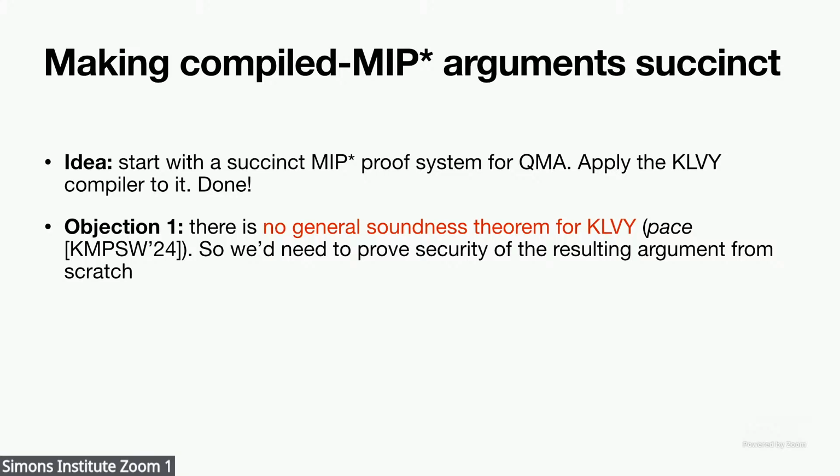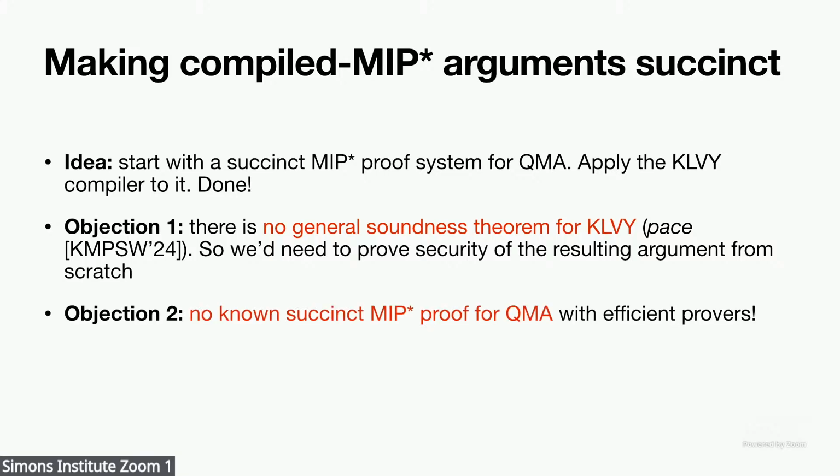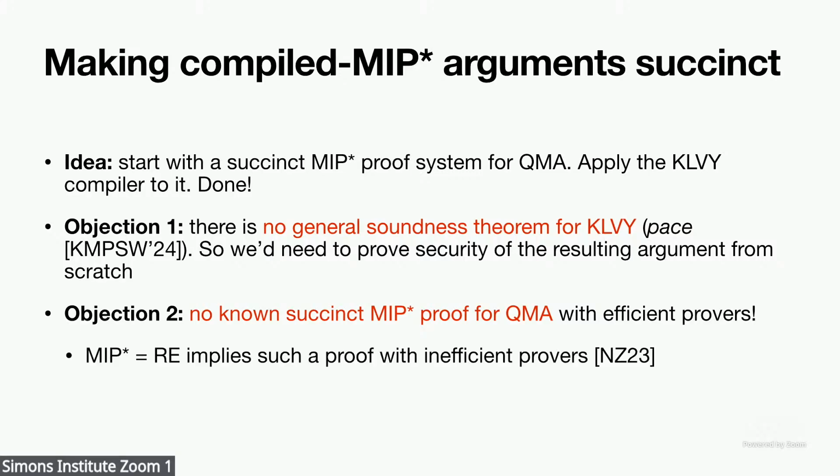And then problem number two, which actually gets into why I was invited to the reunion workshop in the first place, is that there's no known succinct MIP star proof system for QMA with efficient provers. The MIP star model is, it turns out, quite ridiculously powerful.